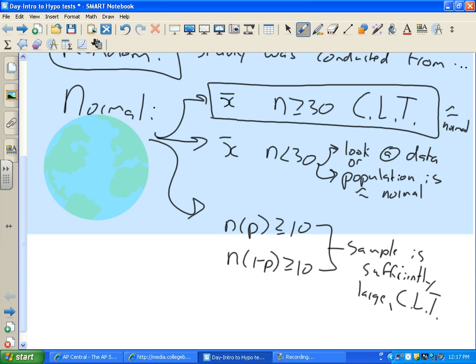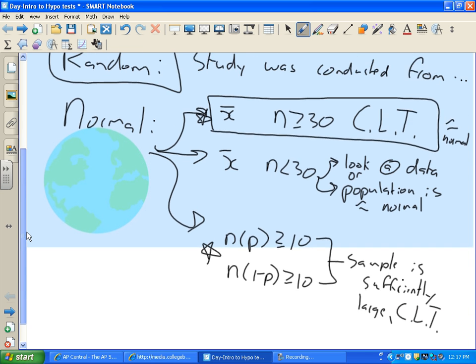It's the same as this condition here. Your sample will be approximately normal. You might make flashcards of these. Get them down. They're not going to change. You need them for confidence intervals. You need them for hypothesis tests. They are the same.